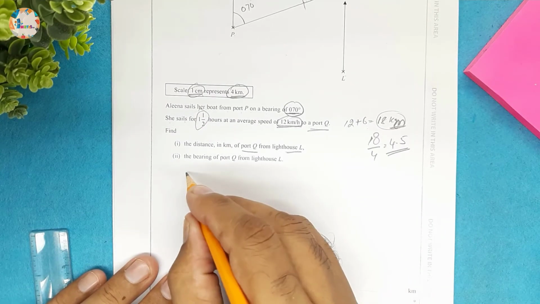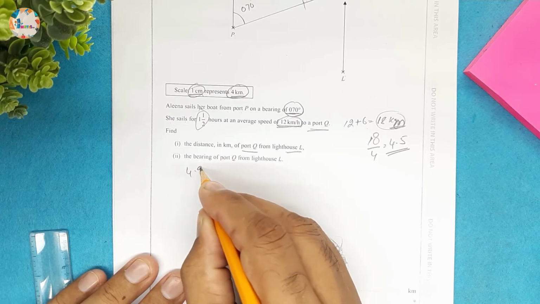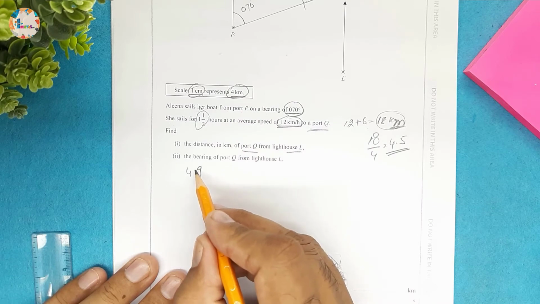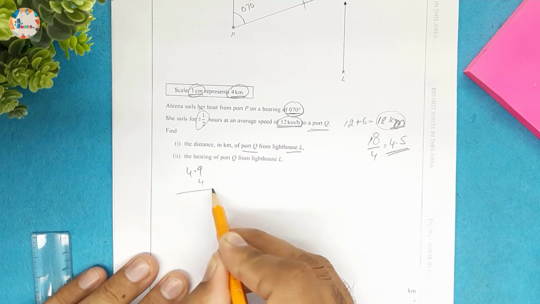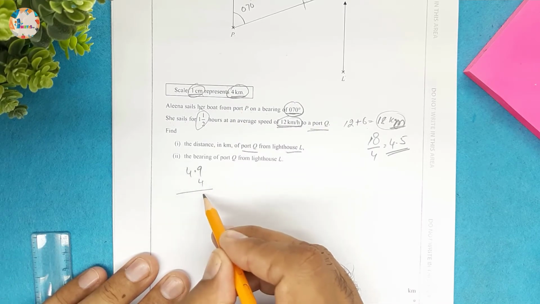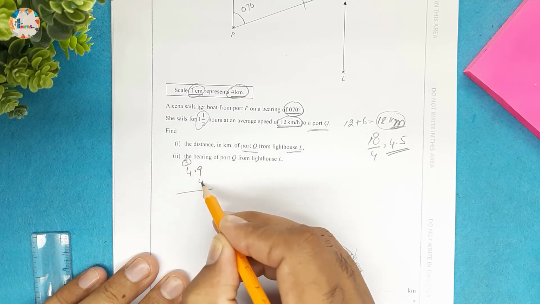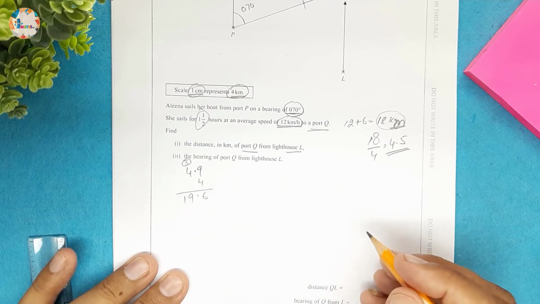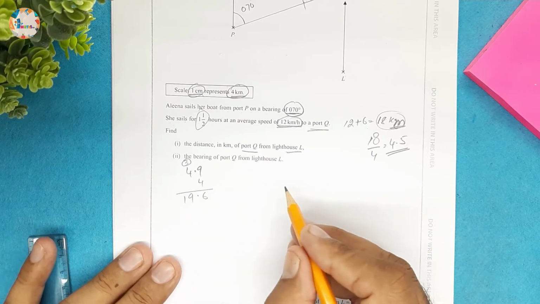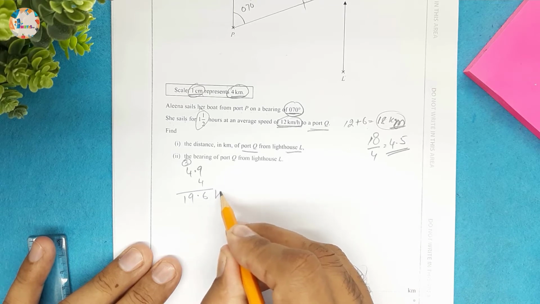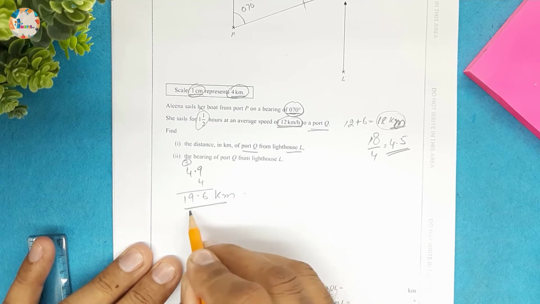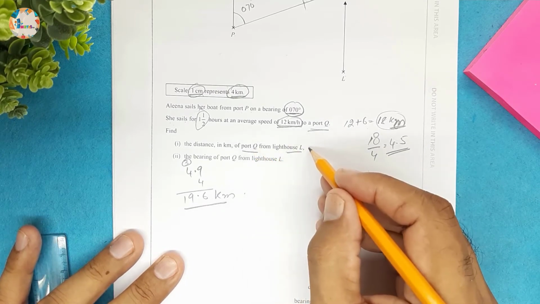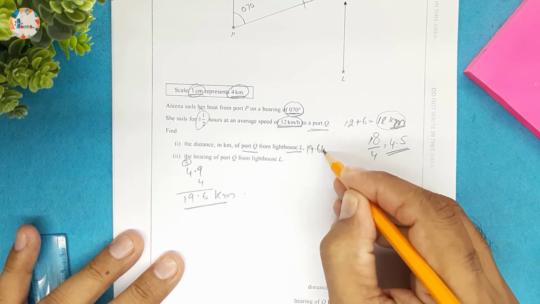If we multiply 4.9 by the scale which is 4, 4 9s are 36, 3 and 16 plus 3 will be 19, and the decimal will be here. So it will be 19.6 kilometers distance.